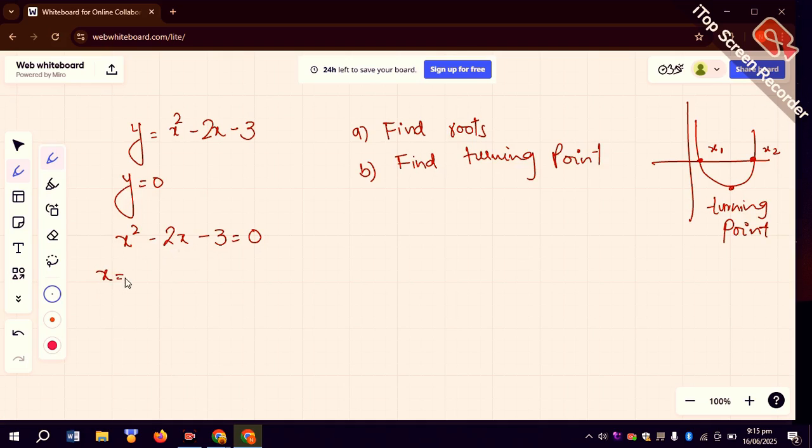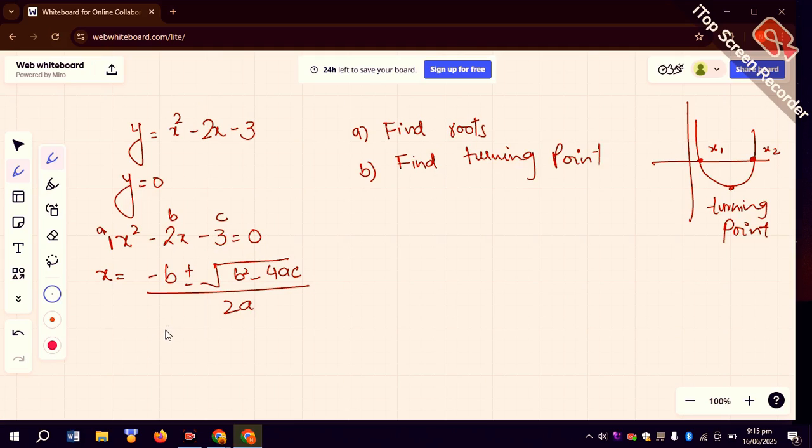It's up to you. Right here, I'm going to use the quadratic formula, which is x equals negative b plus or minus the square root of b squared minus 4ac, over 2a. The value which is written with x squared is always a. There is nothing written, so the coefficient is 1. This is b and this is c.